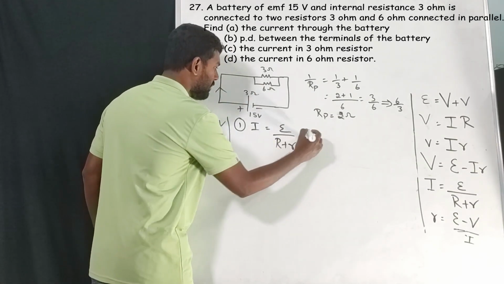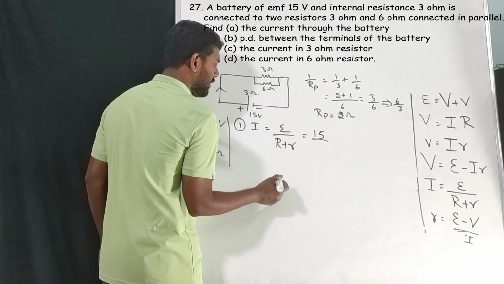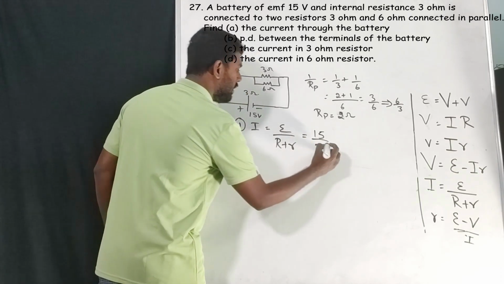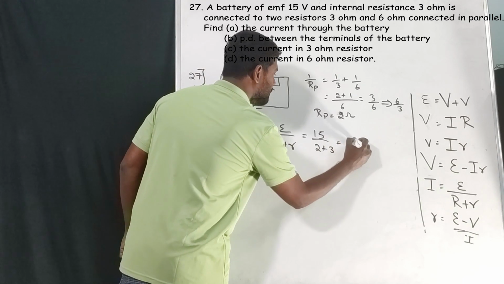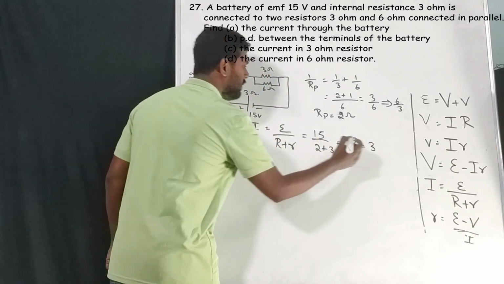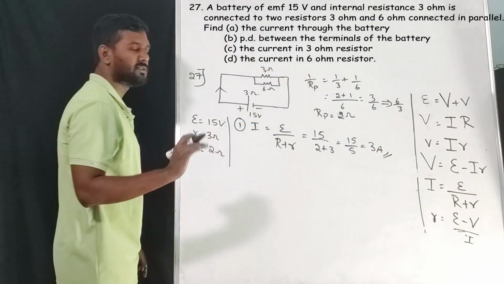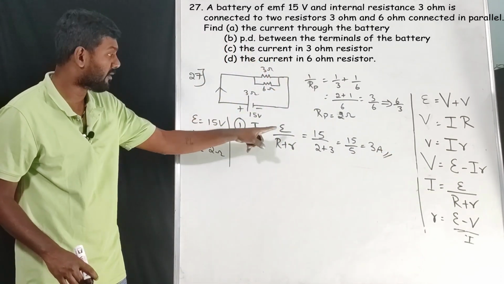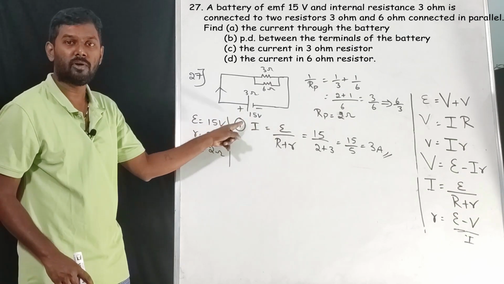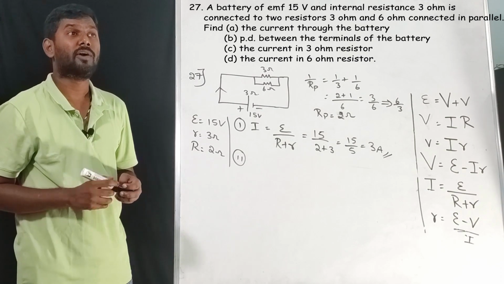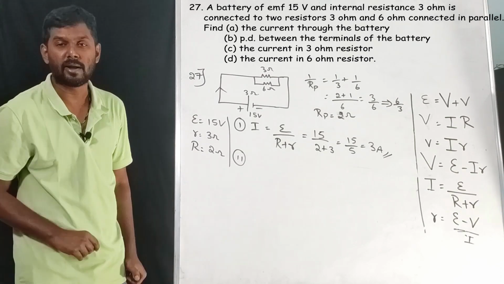E is 15 volts, R is 2 ohms, and small r is 3. So it is 15 by 5, so that will be 3. What is the unit for current? That is amperes. So whenever they ask to find the current through the battery, we have to use the EMF formula to find current.